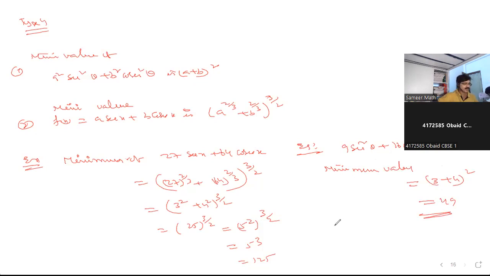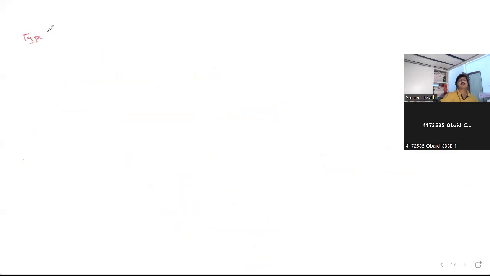My last question is one where sometimes we have to expand. I'll show you how we are going to get the result. Now, this is type 5 and the last one. Suppose I said the minimum value of 5 cos θ + 3 cos(θ + π/3) + 3.